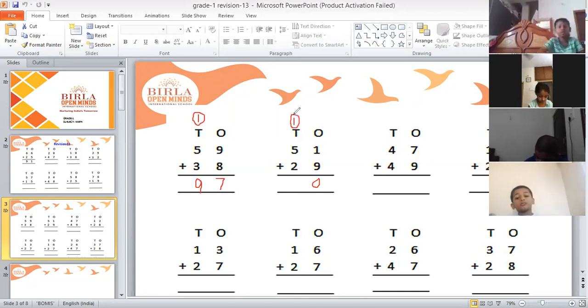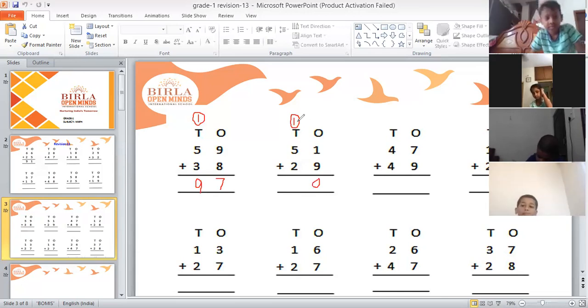Okay. Now tell me, in tens place, 5 plus 2, how much, Advait? How many fingers will you take out? 2 fingers. Show me your 2 fingers quickly. Now start counting after 5. 6, 7.